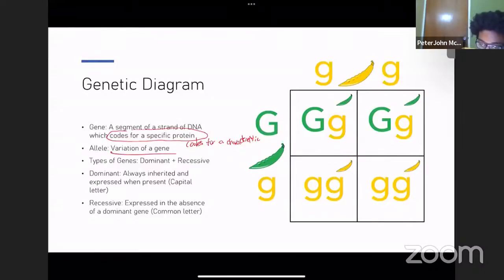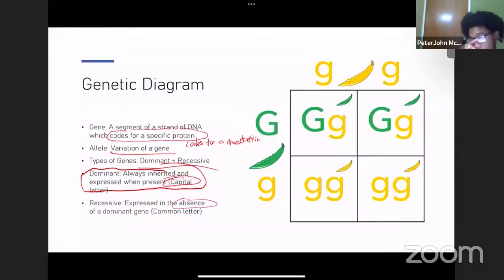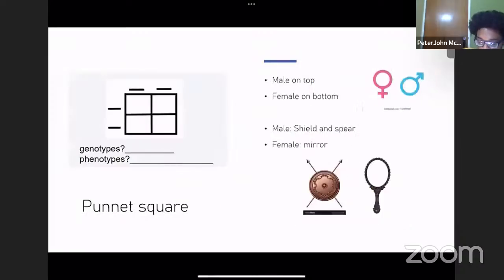Types of genes are dominant and recessive. Dominant is always inherited and expressed when present, and we typically express that with a capital letter. Recessive is expressed in the absence of a dominant gene. You guys already know this, so this is just a sample cross.